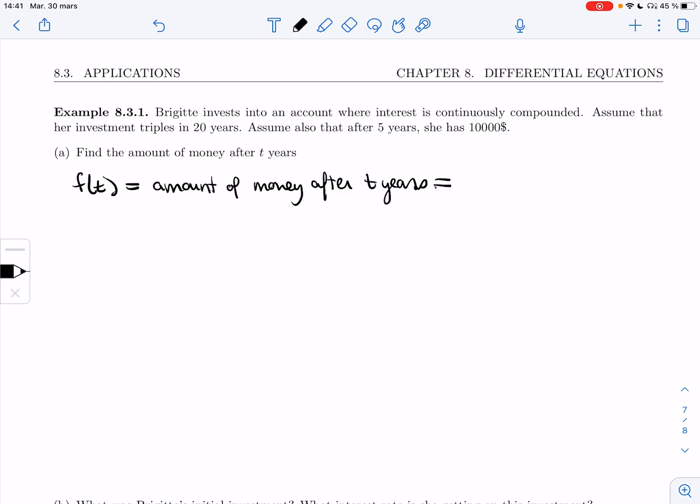We know that it has to follow PERT. I need to figure out what P is, and I need to figure out what R is. What's the growth rate? I'm not given that. What I am given is that f of 20, since the investment triples in 20 years, is 3 times f of 0.